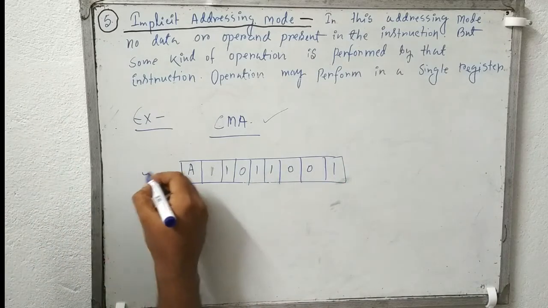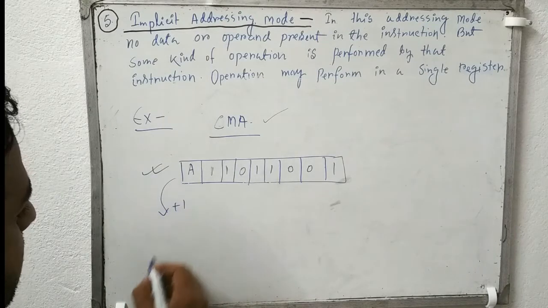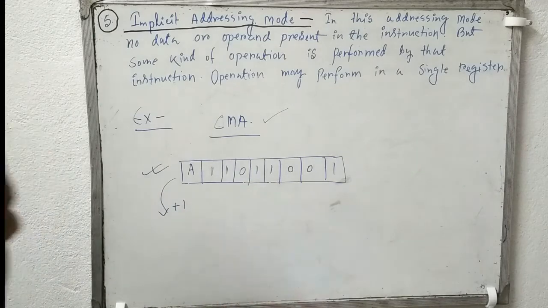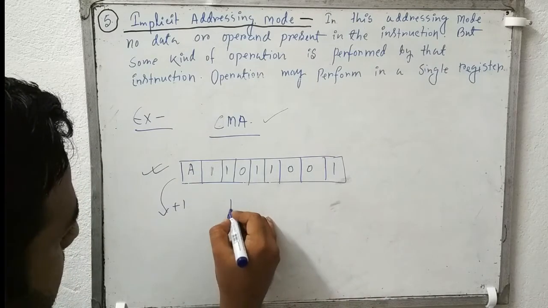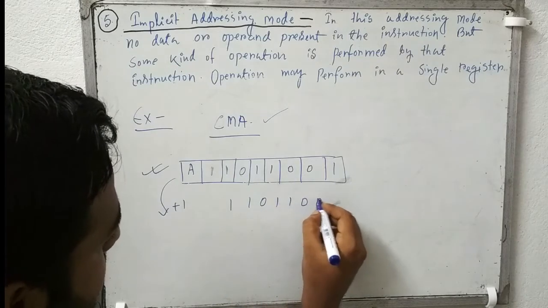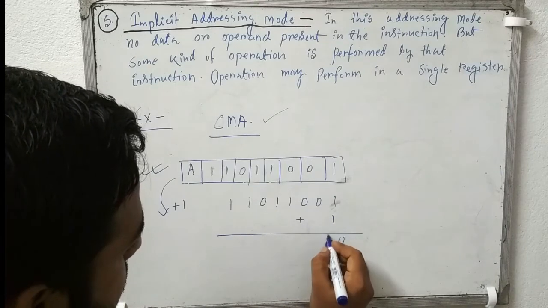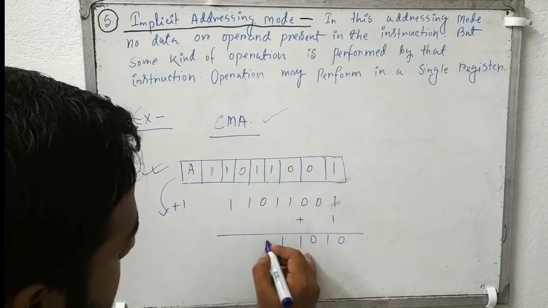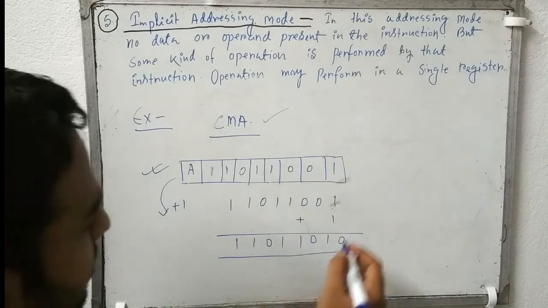We need to complement the data. How can I complement the data? We need to add 1 to this register data. What will be the result after complementing this data, plus 1? So 0 1 0 1 1 0 1 1. This will be the new resultant data.